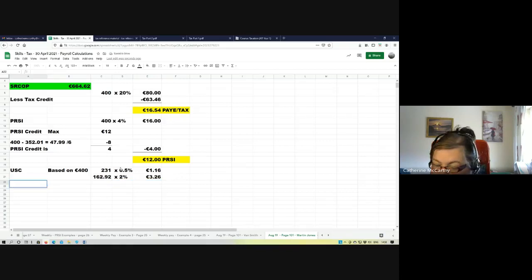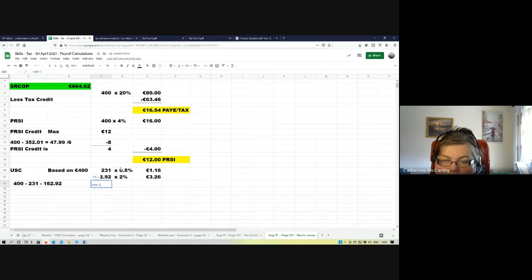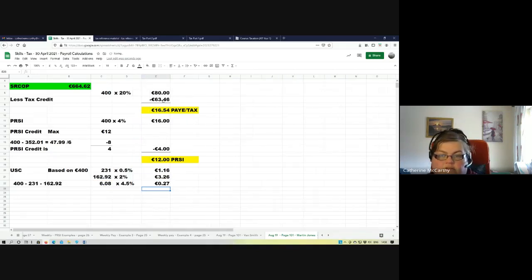And then the balance, so 400 less 231 less 162.92, which is €6.08, and that is at 4.5%, which is 27 cents.